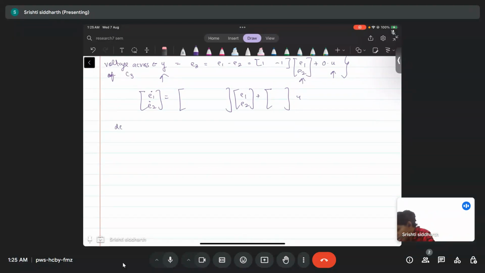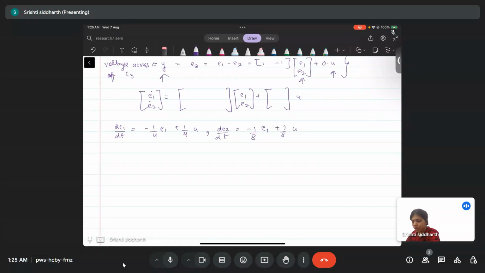So I will just write those down directly. So we would have dE1 by dt is minus 1 by 4 E1 plus 1 by 4 U, and dE2 by dt would be minus 1 over 8 times E1 plus 1 by 8 times U.